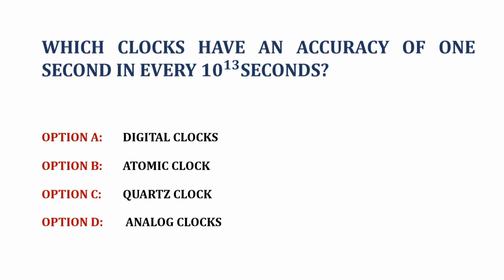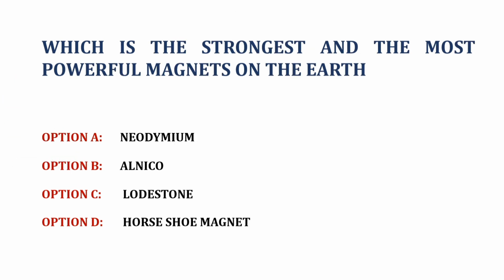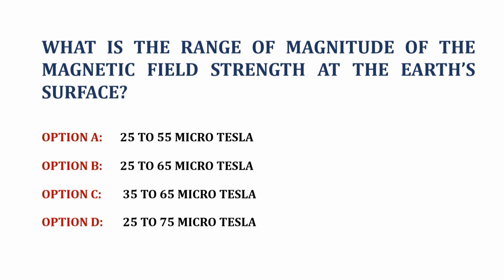Which clocks have an accuracy of 1 second in every 10 power 13 seconds? Option B. Atomic clock. Which is the strongest and most powerful magnet on the earth? Option A. Neodymium.